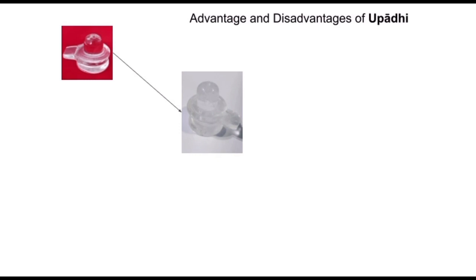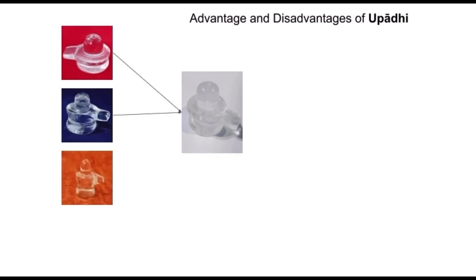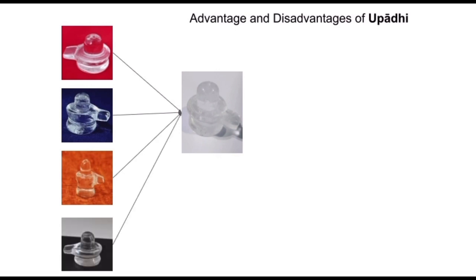Similarly, if you take the lingam which is kept on different backgrounds and looking different colors based upon it, if you remove all these backgrounds, you will be left with a transparent Spatika Lingam which is otherwise difficult to see. The true inherent nature of this Spatika Lingam is to be transparent. But due to the proximity of these backgrounds, it was appearing with different colors.